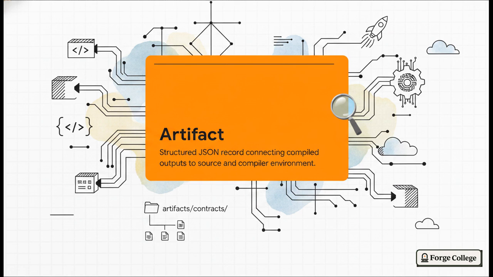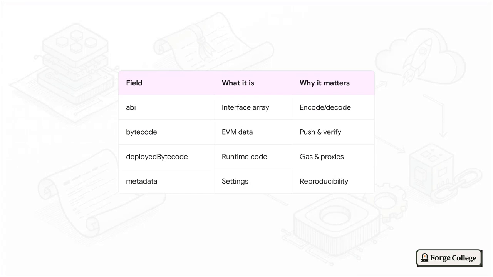Its whole job is to connect your compiled outputs back to the source code and, this is crucial, to the exact compiler environment that originally produced them. You really want to think of this JSON file as the canonical, machine-readable description of your contract. It's the ultimate source of truth. Your deployment scripts, your test harnesses, any off-chain tooling you use, they're all going to be constantly referring back to this exact file.